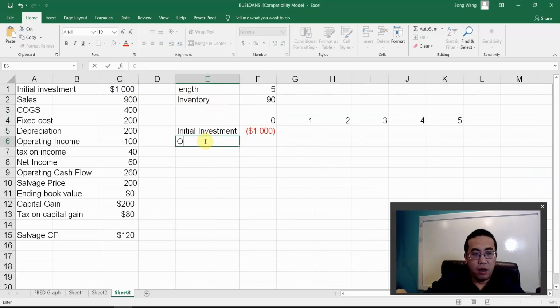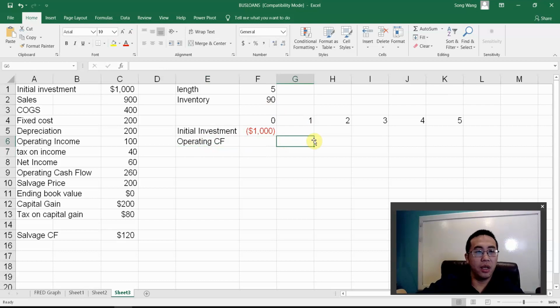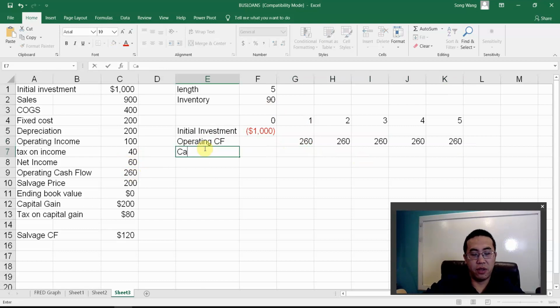Then I have my operating cash flow, starting from year 1, that's 260. And I also have my salvage cash flow, that is the 120 here.